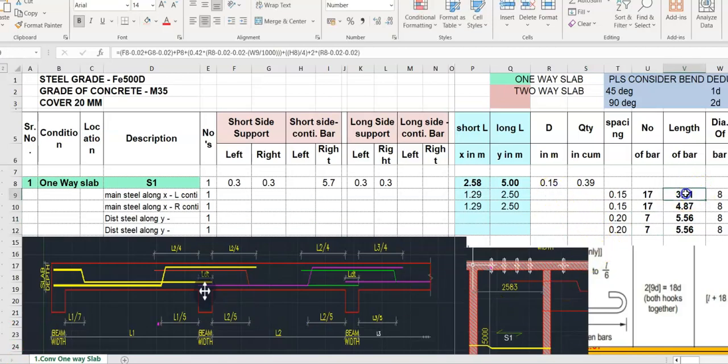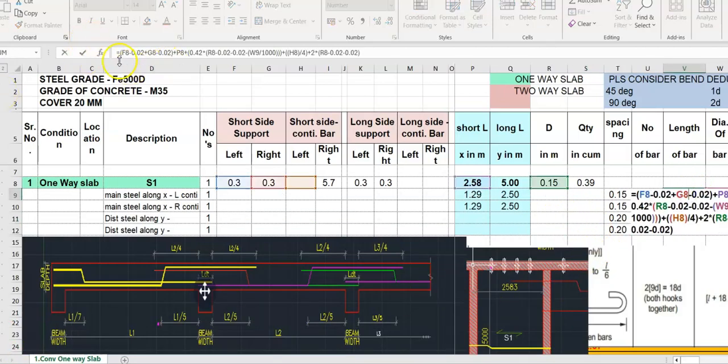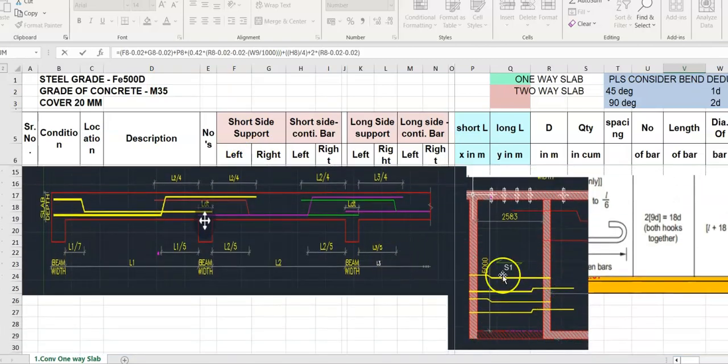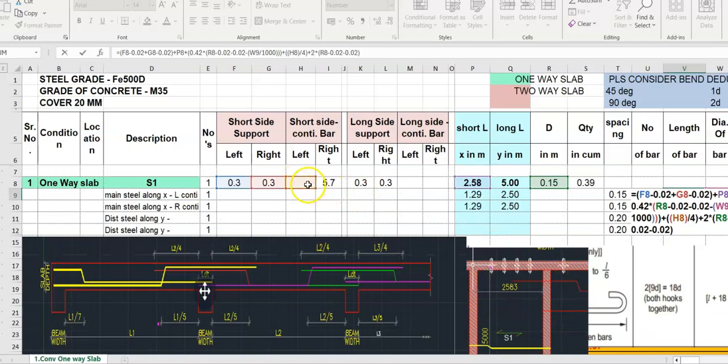Now calculate the length. Guys, listen carefully. I have already given the details here. First one is the short side, left side continuous. Here there is no left side continuous, that's why it is blank. Now start with F8.